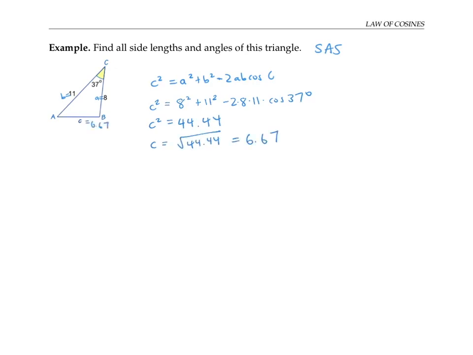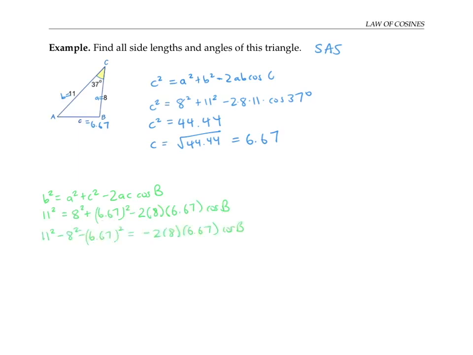Next, I'll use the law of cosines to find the angle B. I'll need to use a version of the law of cosines that has cosine B right here. That's the version that has little b squared on the left side. And b squared equals a squared plus c squared minus 2ac cosine B. I can plug in values for all my side lengths, and now I can solve for cosine B. To do that, I'll subtract 8 squared and 6.67 squared from both sides, and now I'll divide both sides by negative 2 times 8 times 6.67.